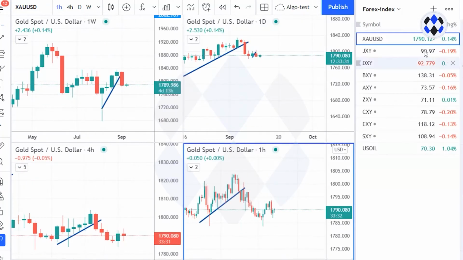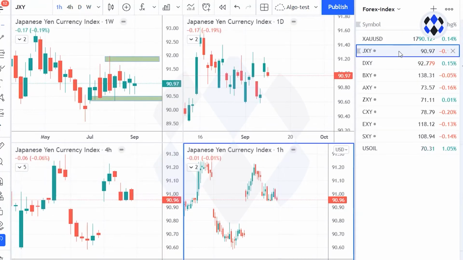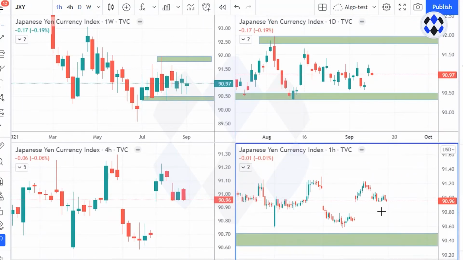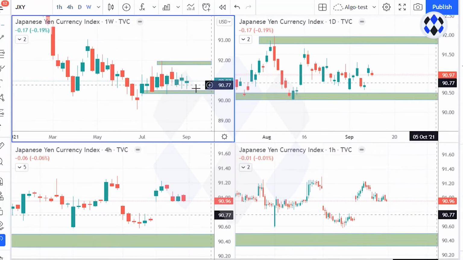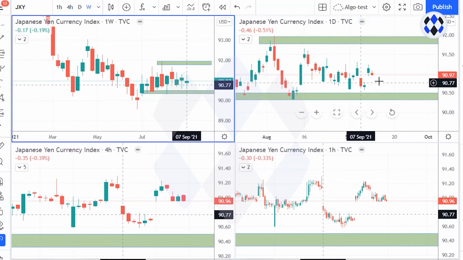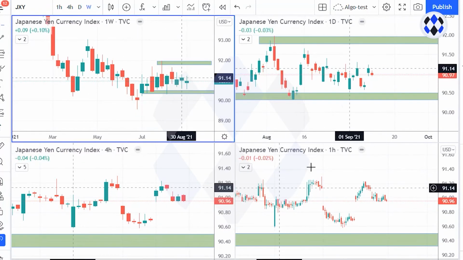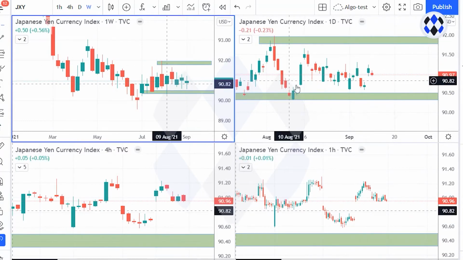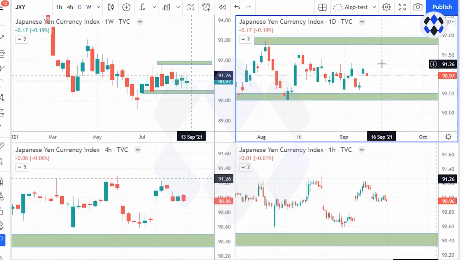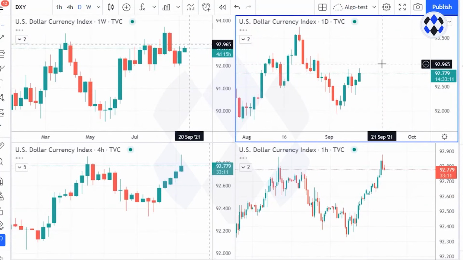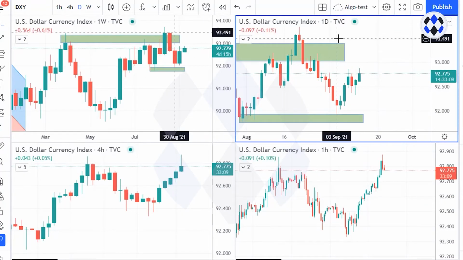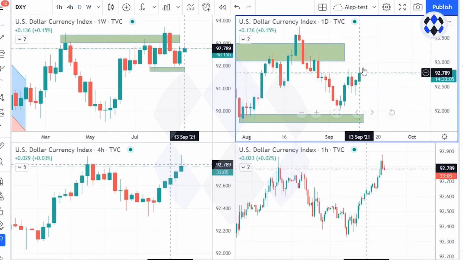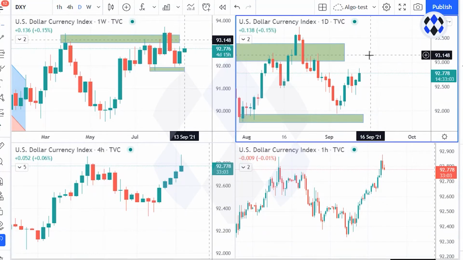All right. When we're looking at the indices here, we can see that the JXY, that is a Japanese yen currency index. Let's just have a look at the weekly and the daily up here, because down here it gets a bit messy. You can see here that the Japanese yen is dropping a bit, but has been caught in a sideways channel here. We can see that the dollar index, the DXY, which is the mostly watched here, is definitely going upwards here.